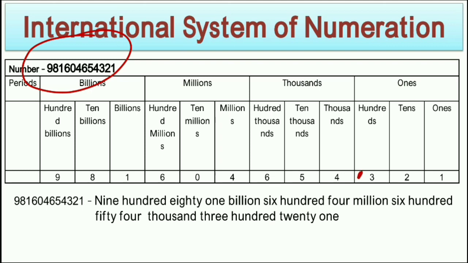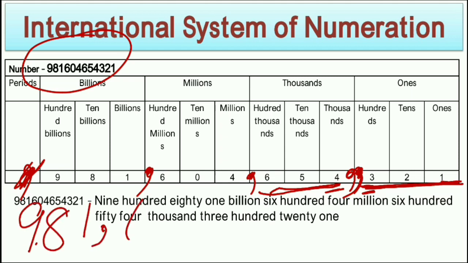So the first comma will be put here, because after these 3 digits the next digit comes in another period. This comes in the ones period, and from here the thousands period starts. So to separate them we put the comma, and after the thousands period we put a comma, again after the millions period we put a comma, and after billions nothing is there. So in the beginning there is no need to put a comma. If any digit were there, then we would put the comma after the billions period.